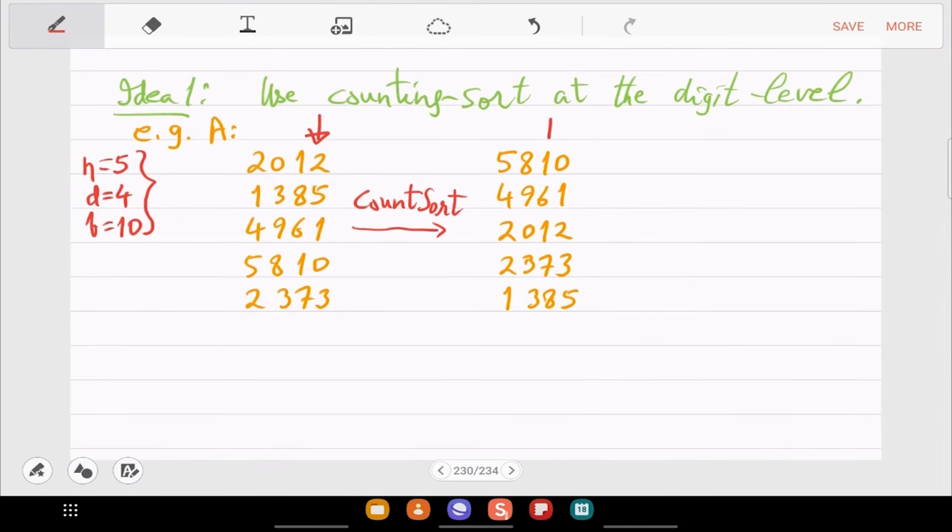Next you go to the least significant digit, just one above that. So now you have 16178. You again do count sort on that. 161, so you have to bring the bottom one to the top.